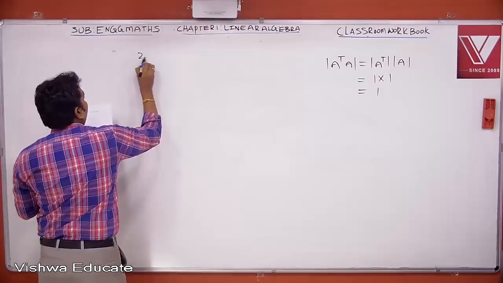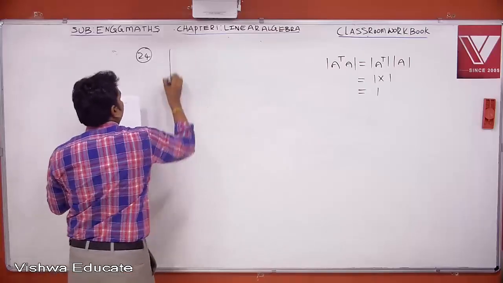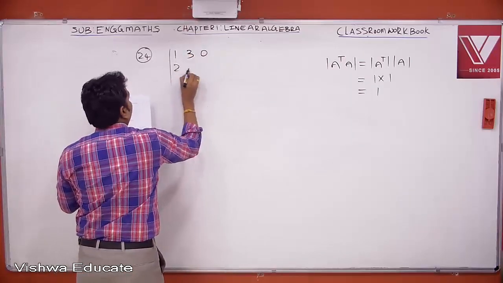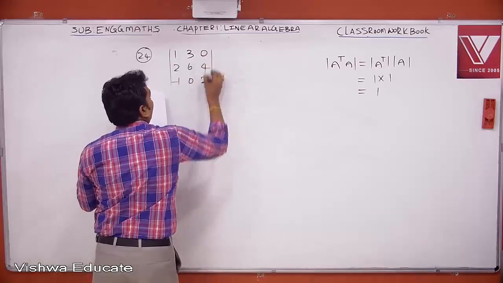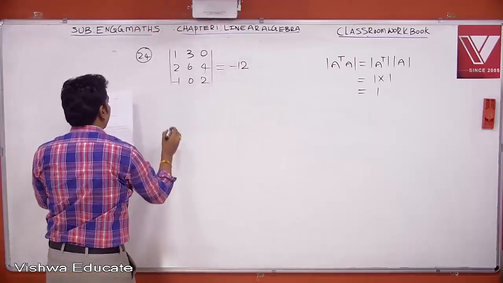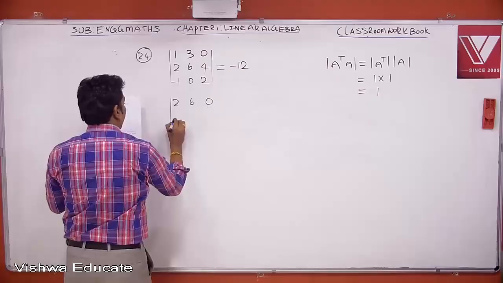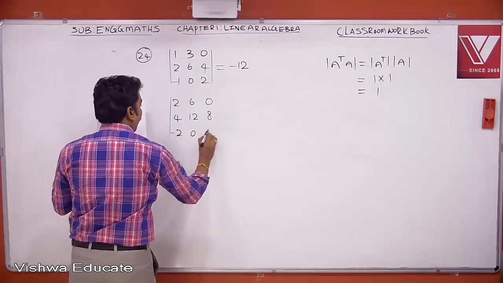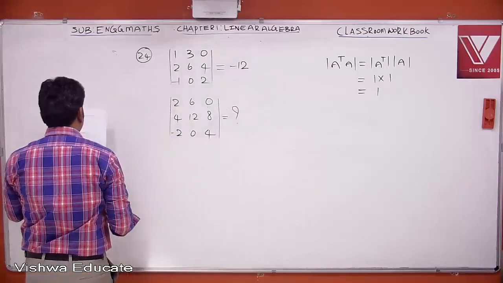Next we move to question number 24. Given that det of [1 3 0; 2 6 4; minus 1 0 2] equal to minus 12, then det of [2 6 0; 4 12 8; minus 2 0 4] equal to blank.